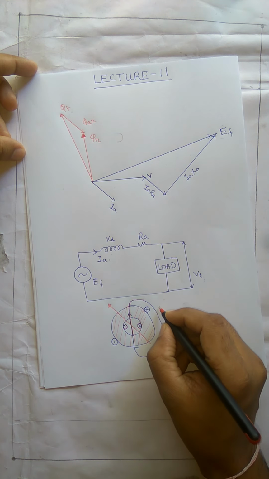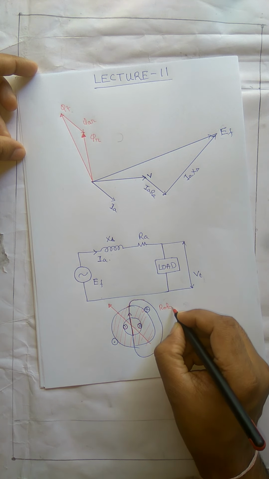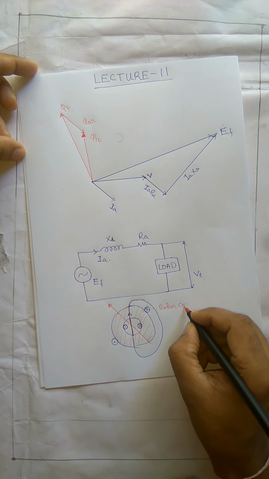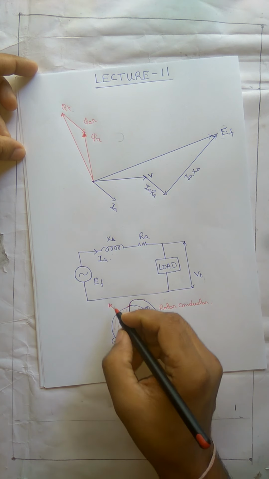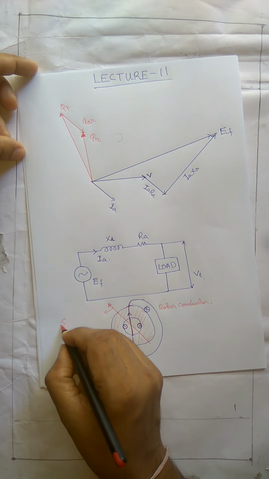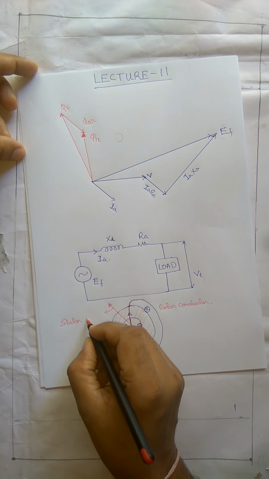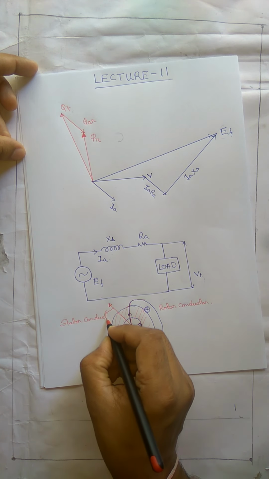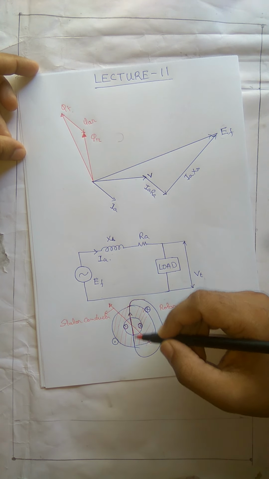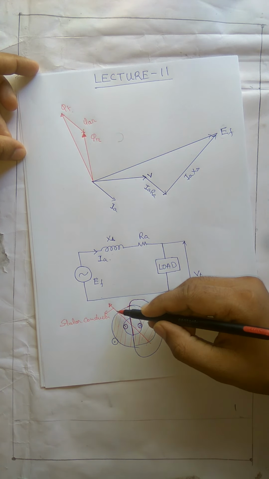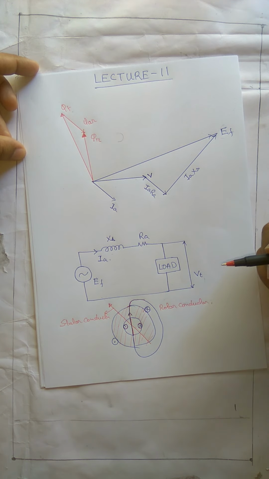This flux is produced by the rotor conductor, and this flux is produced by the stator conductor. So what is the flux that flows through the air gap now? It is the vector sum of these two fluxes.